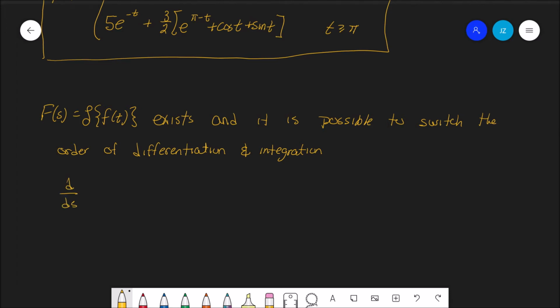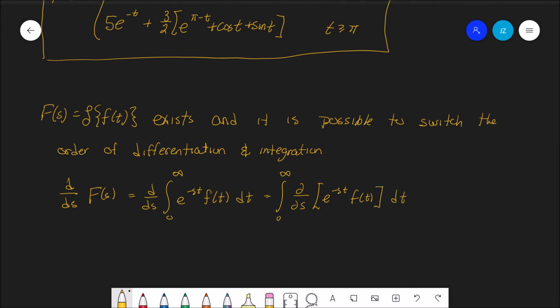Now if we look at d/ds of F(s), by definition this will be d/ds of the integral from 0 to infinity of e^(-st) f(t) dt. And since we can switch the order of differentiation and integration, this is the integral from 0 to infinity of the partial with respect to s of e^(-st) f(t) dt.